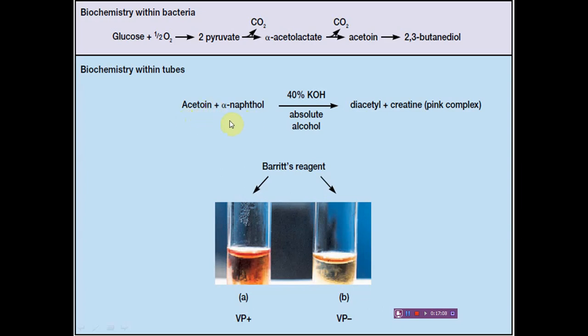This acetoin reacts with alpha naphthol in presence of KOH and alcohol, and there is a formation of diacetyl. The acetoin is oxidized to diacetyl, and this diacetyl reacts with creatine or guanidine component of peptone, forming red coloration. So positive red coloration after addition of Barritt's reagent is a positive test result in case of Voges-Proskauer test.